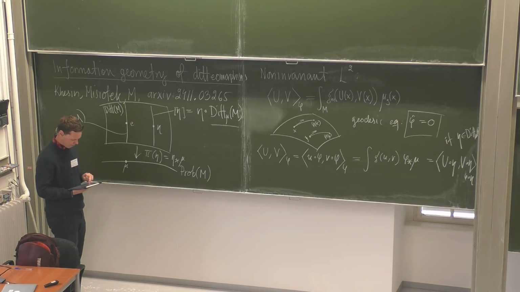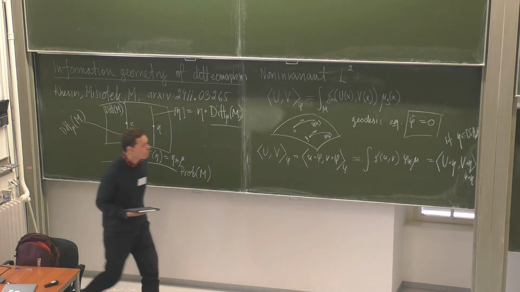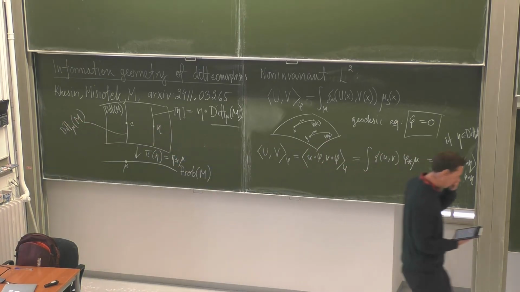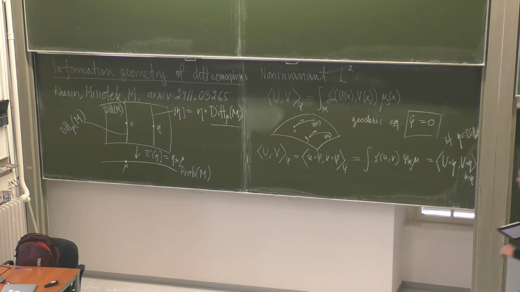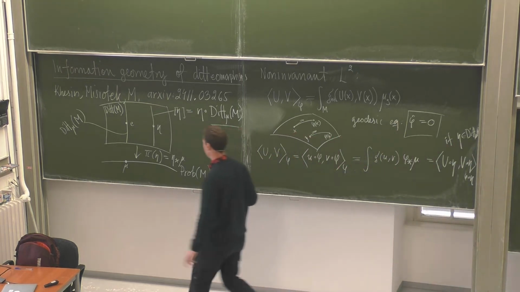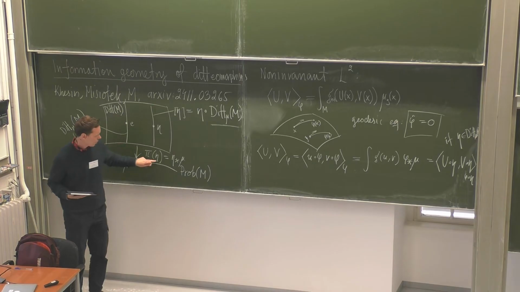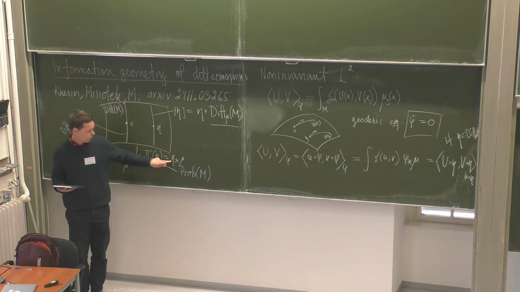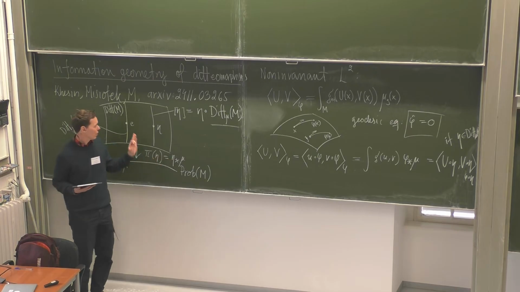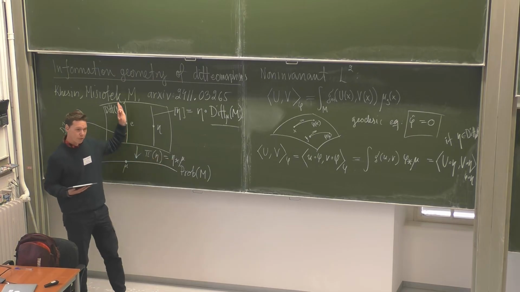We can do one thing. Here is the projection. It's just acting by push forward. So I can work out what its derivative is, and then I can work out what the kernel of the derivative is, and that will give me the vertical directions.